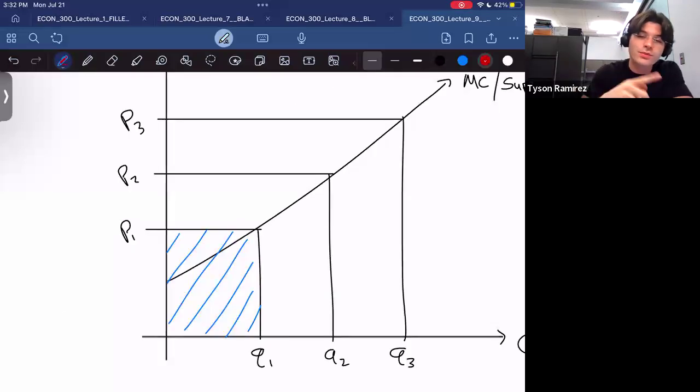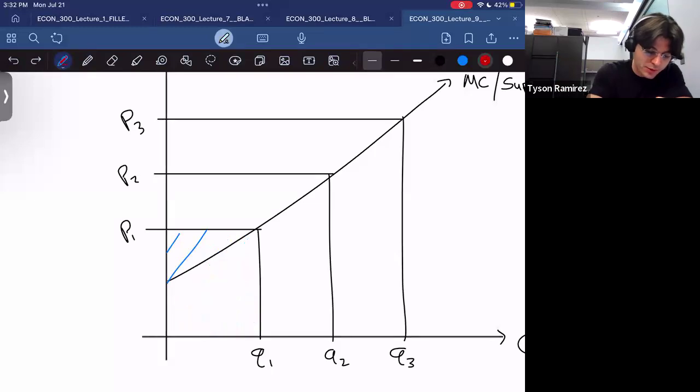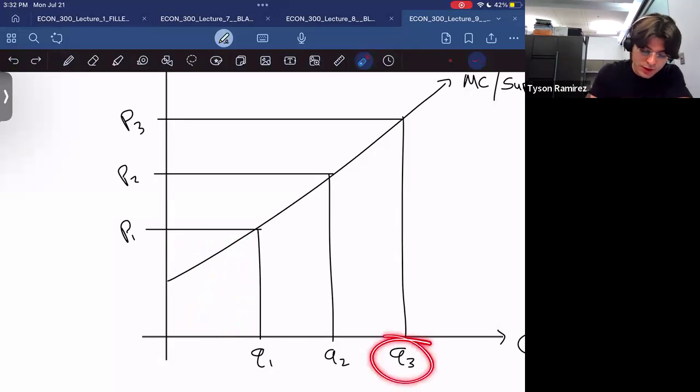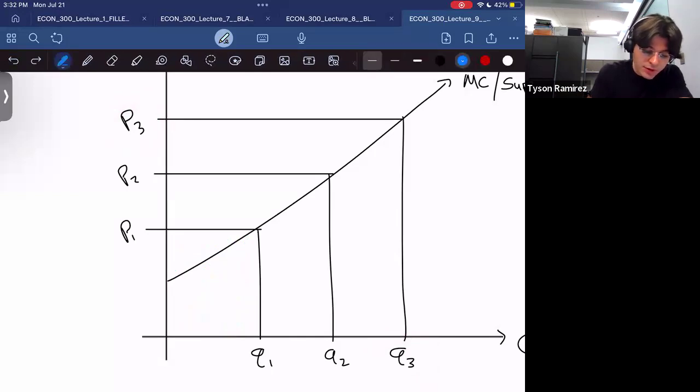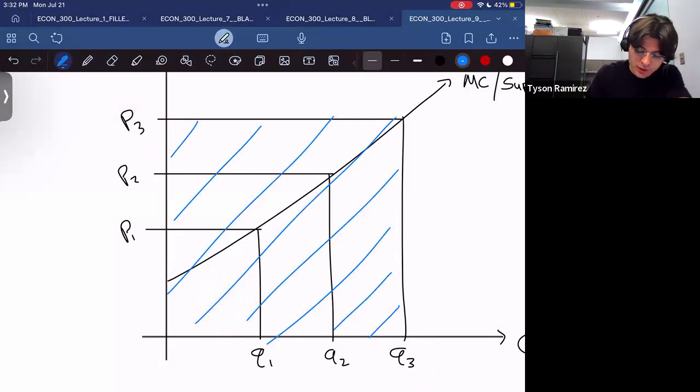Let me actually erase the blue part right here. Let's do this with the P3 and the Q3. I think that's a better illustration. All right. So for the firm, if we're at P3 and Q3, suppose we're right here or right here, then the revenue is P3 times Q3, right? And we get the area of this rectangle. And then what's our cost?